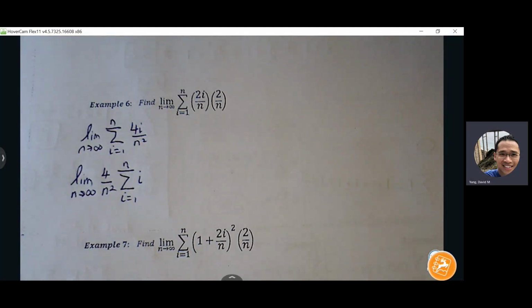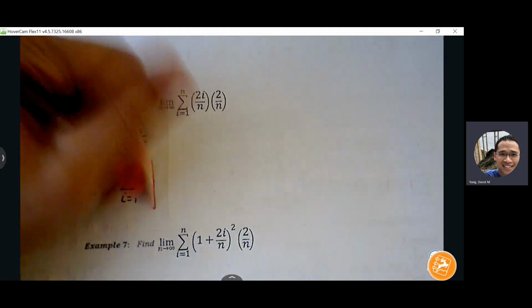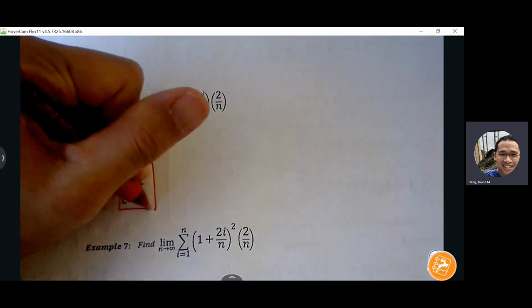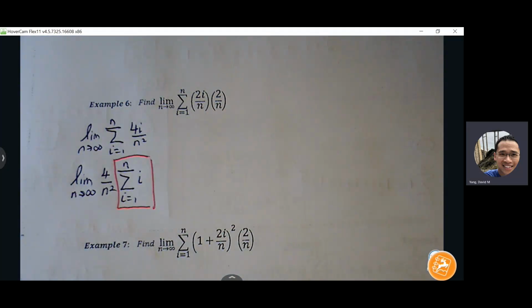Everybody see how I did that here? I can always split up my fraction into multiple fractions. So 4 over n squared times i is the same thing as 4i over n squared. I'm just separating the parts that are not part of the rule. Now I can replace this with my summation rule, n times n plus 1 over 2.